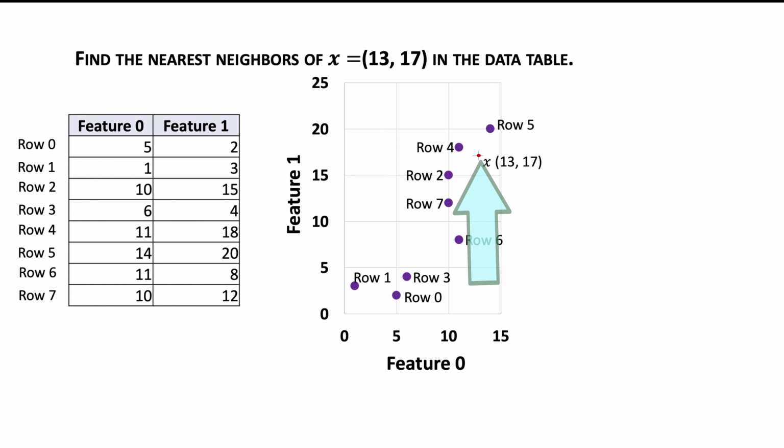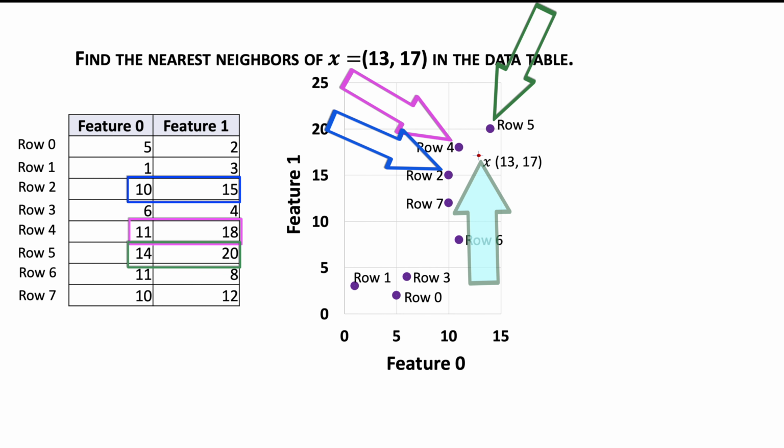Plotting 13, 17 on the two-dimensional space, we see that points for row 4, row 5, row 2, and row 7 are close. If we are attempting to find 4 nearest neighbors, then these 4 points are the nearest neighbors of the point 13, 17.